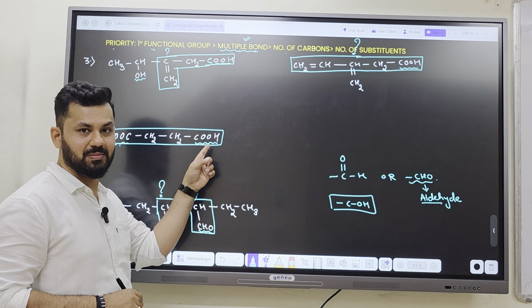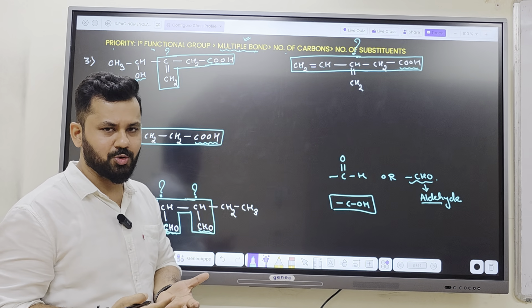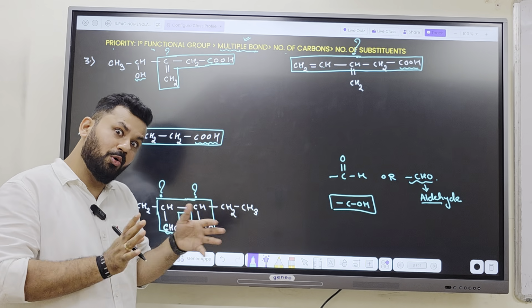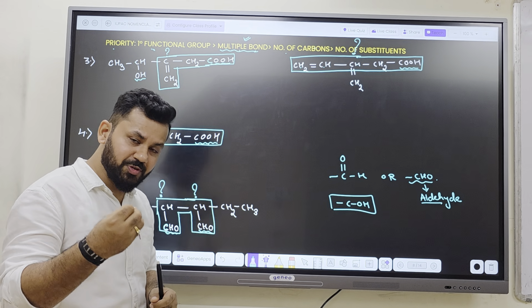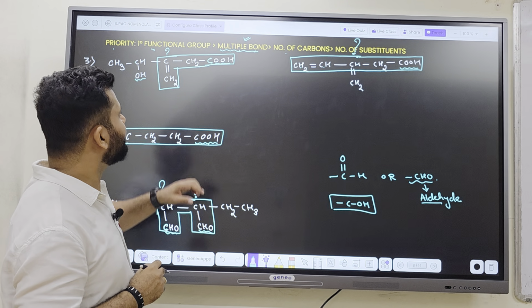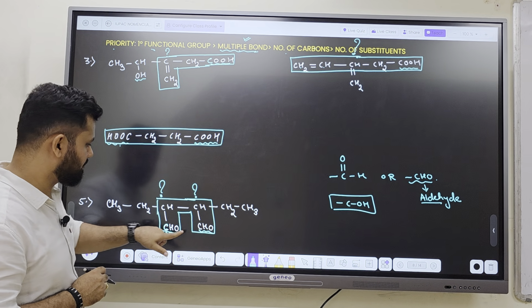Carboxylic acids, ketones, aldehydes are such functional groups which have their own carbon. In COOH there is a carbon. These are the functional groups which contain the carbon, in which case you include the carbon of the functional group in PCC.